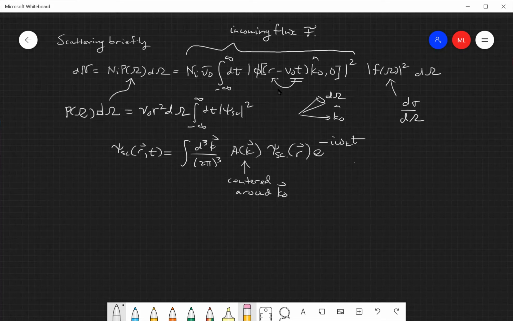So you could take this v naught t and change this into an integration over dr instead, but it's not so important. I did it a different way in class last time, but this may be a little bit more transparent. This expression, I think, is more transparent for what that probability is.